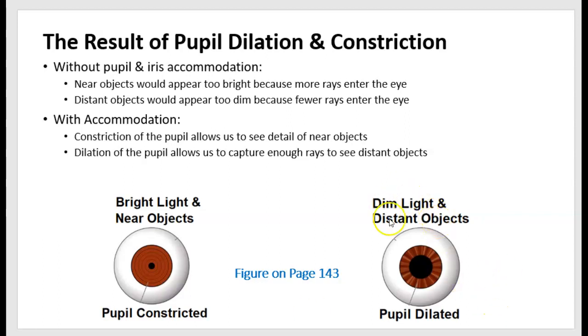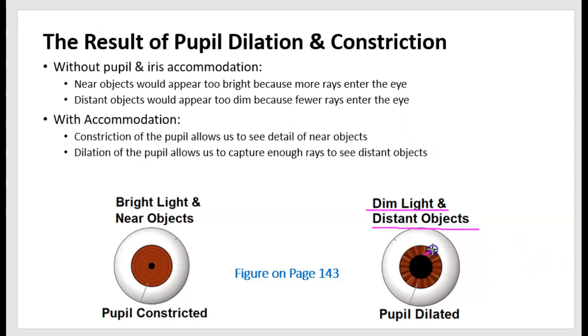Instead, when we're viewing objects that are far away, not as many light rays bounce off of that object and enter the eye. So the eye really needs to capture as many as it can to view distant objects. And this is true when you're in environments of dim light as well, or even in the dark. Your pupil will dilate to capture as many light rays as possible.